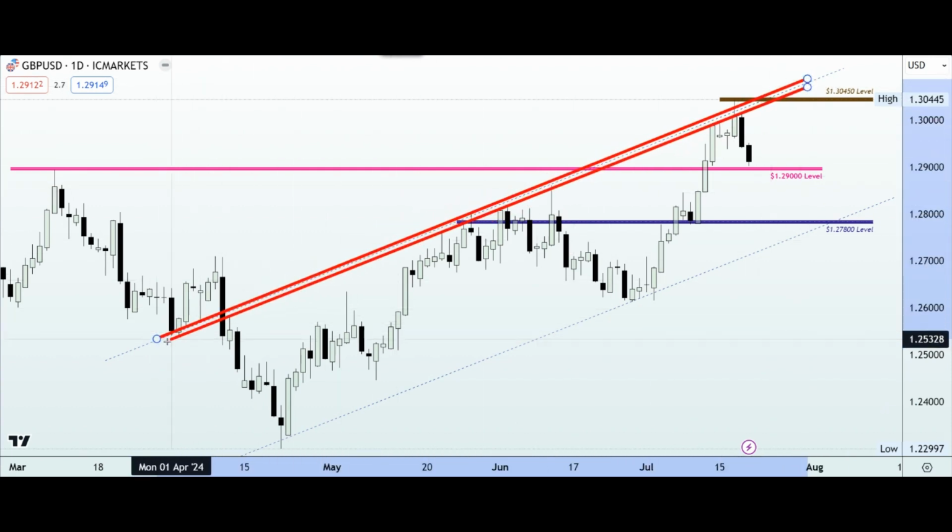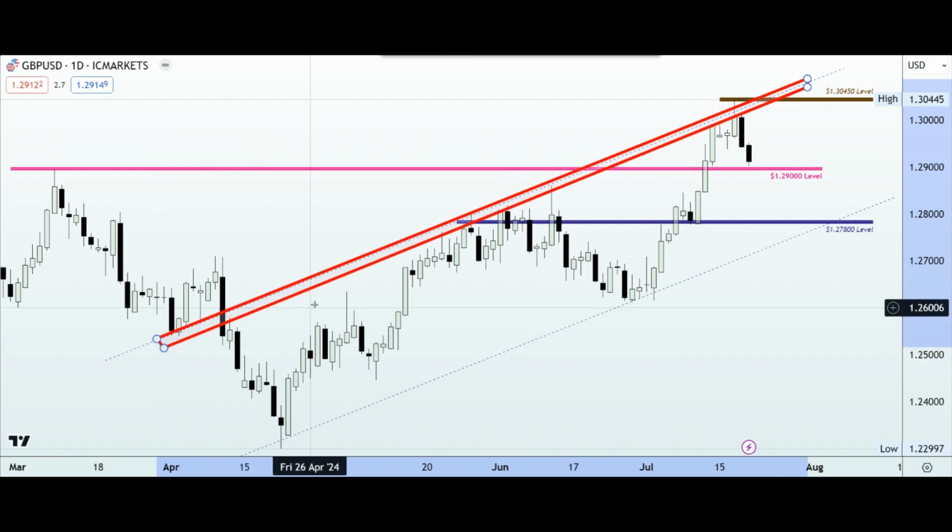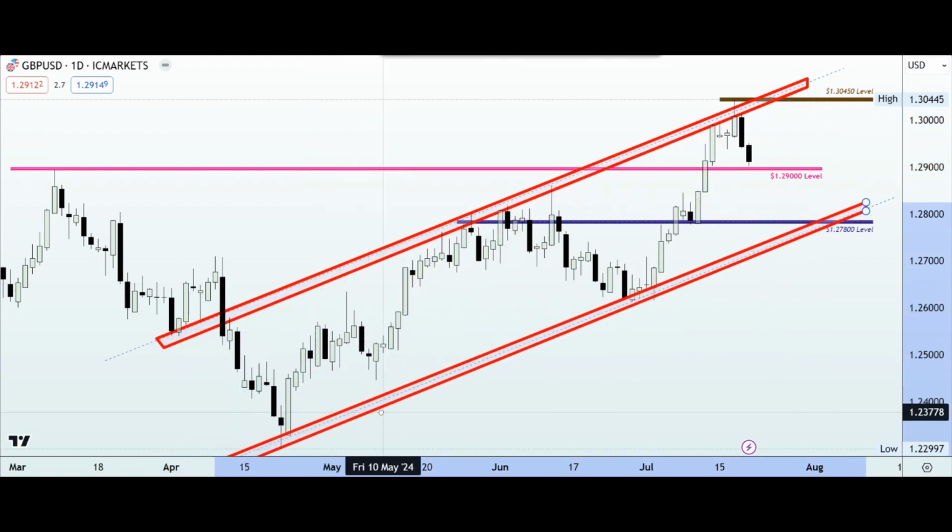So when we connect the series of higher highs, we have the resistance line of the ascending channel here. And when we connect the series of higher lows, we have the support line of the ascending channel, further emphasizing how strong the buyers are at this point in time.